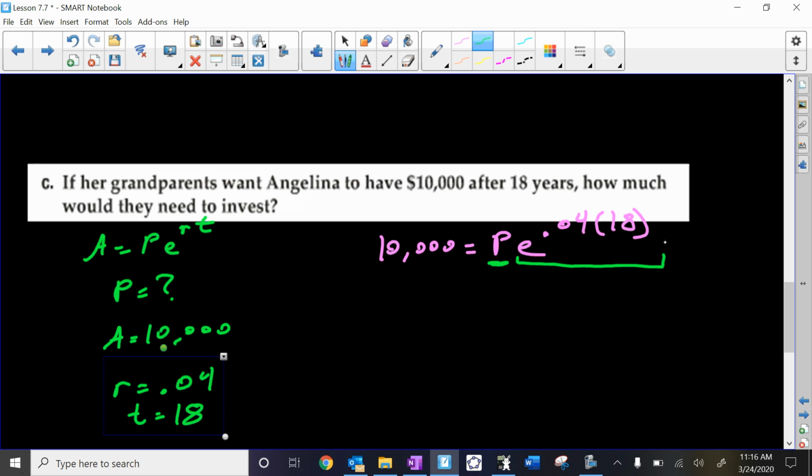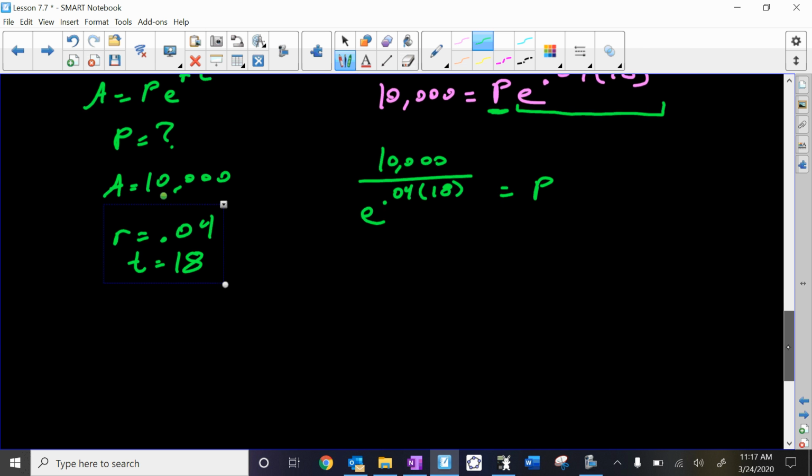You can plug that in if you want right now, but I would recommend plugging it all in at once. So to get the variable by itself, to undo multiplication, we're going to divide all of this over to the left side, giving me now 10,000 divided by e to the 4% times 18. And that will equal how much I should invest right away.